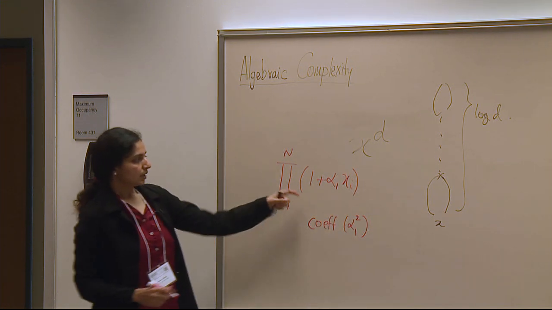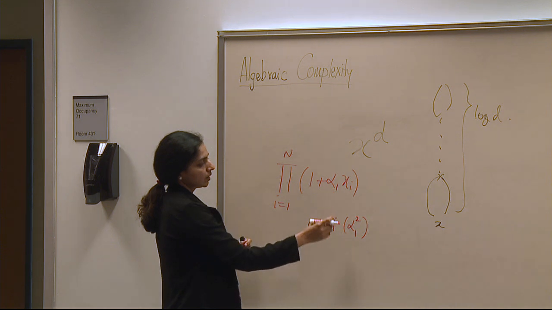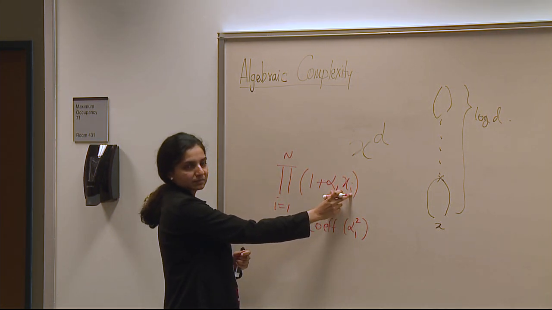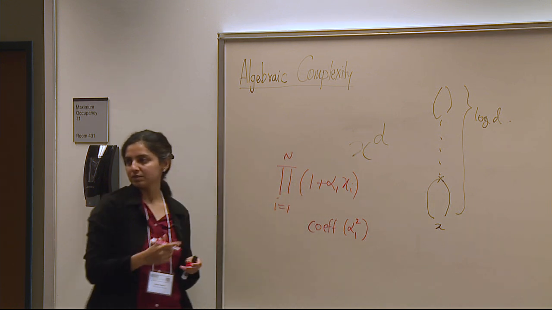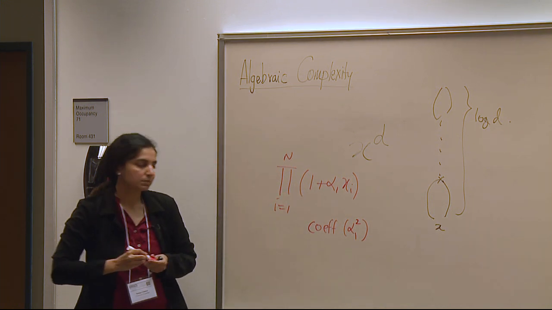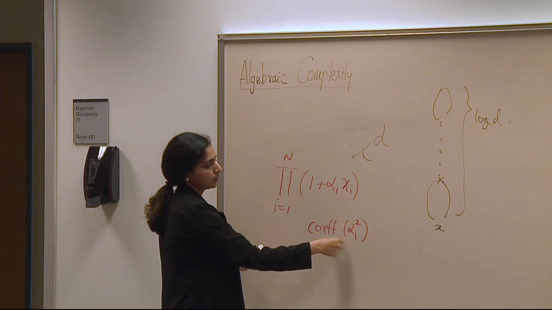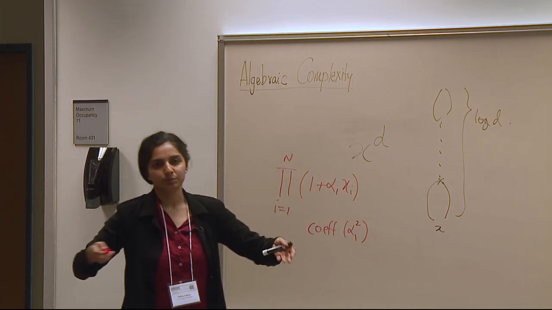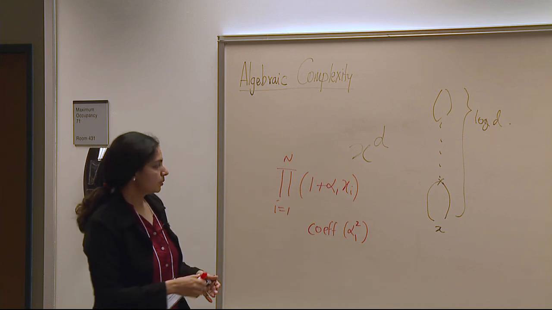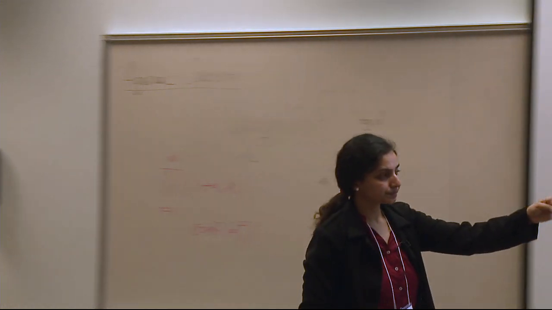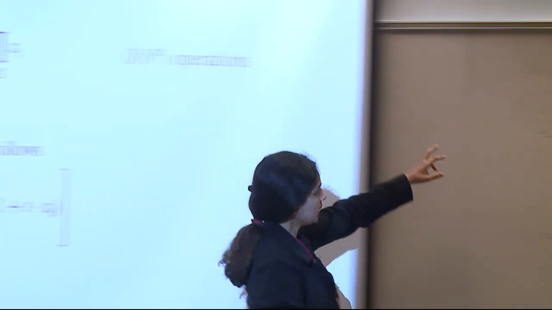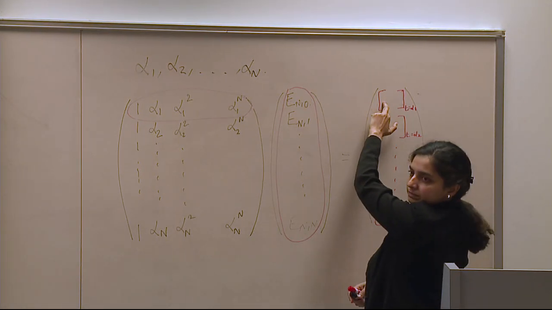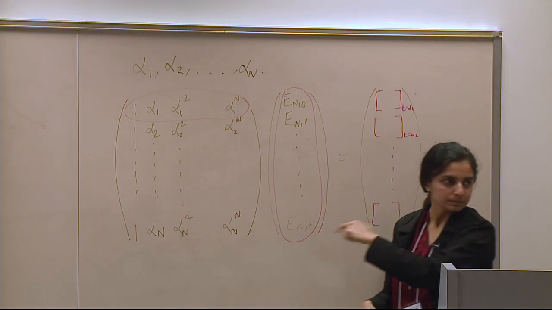In this huge product, you have to take this term twice and 1 everywhere else. So it's basically all the things that you can form by taking this twice. That's the elementary symmetric polynomial of degree 2. So essentially, take any row of this matrix, inner product it with this, and that's this polynomial. And so on.